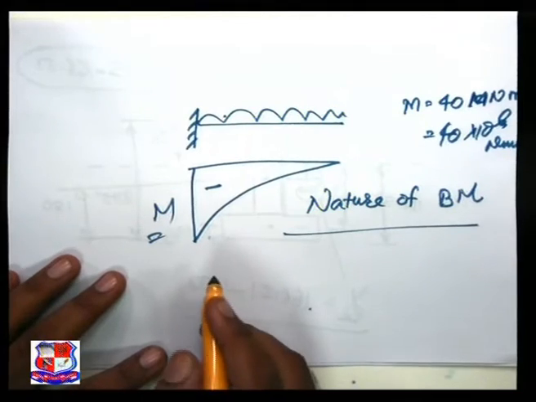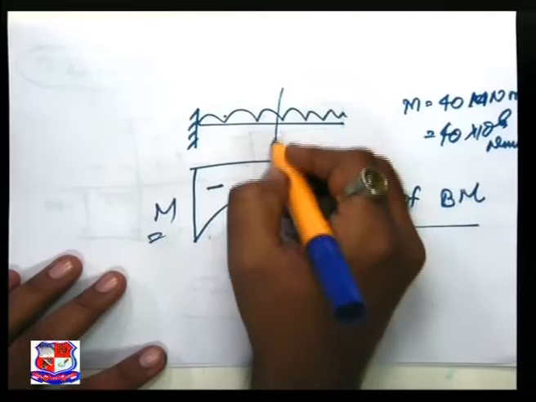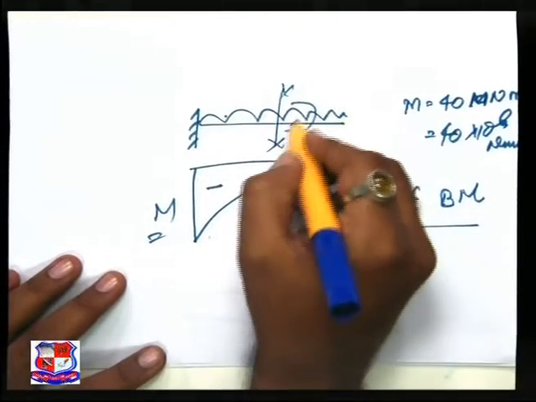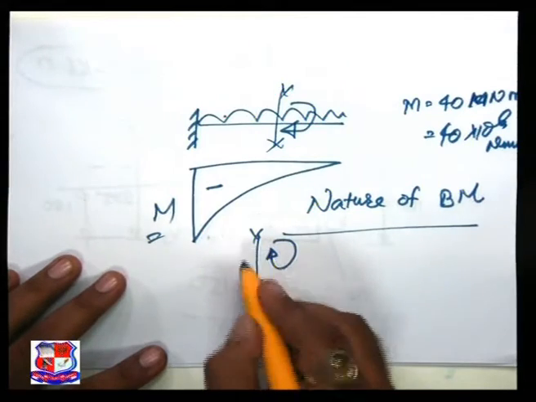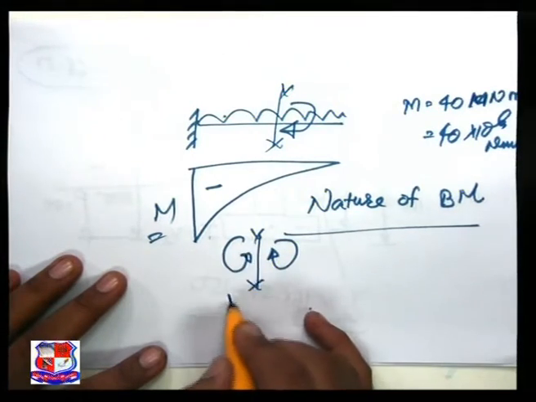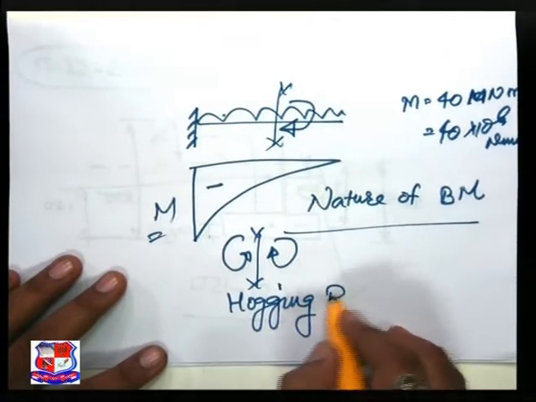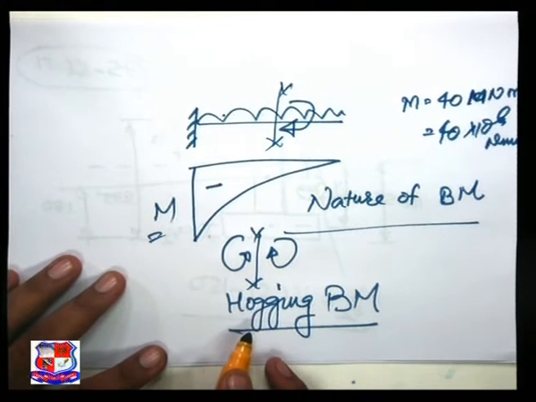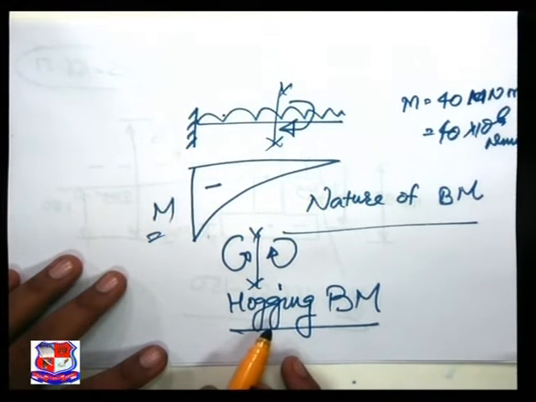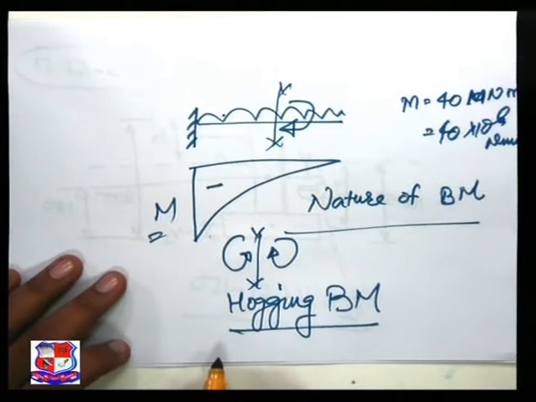The nature of the bending moment for a cantilever beam is, if I take a section over here clockwise, this nature is known as hogging bending moment. And what do we mean by hogging bending moment? Hogging bending moment creates tension on the top and compression in the bottom.